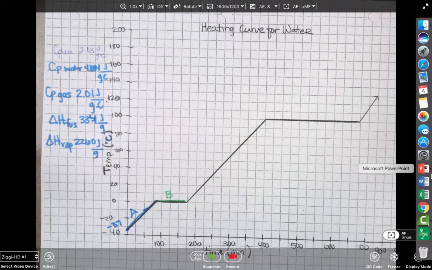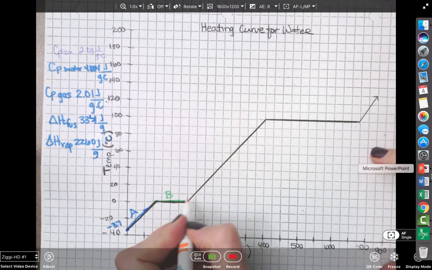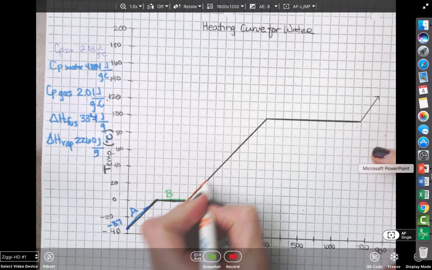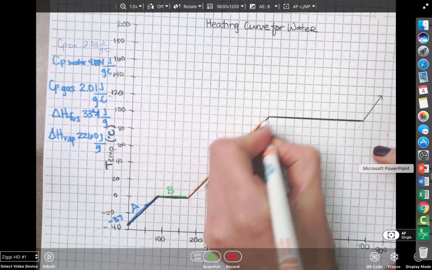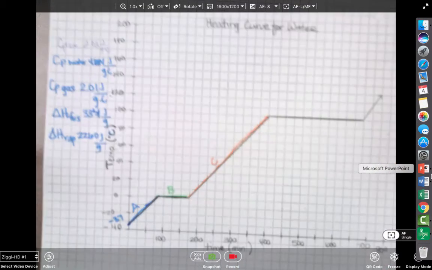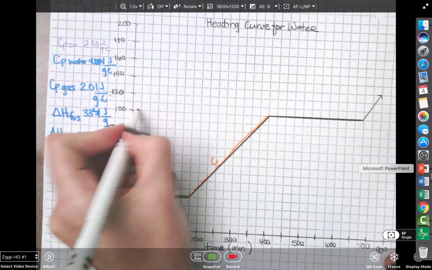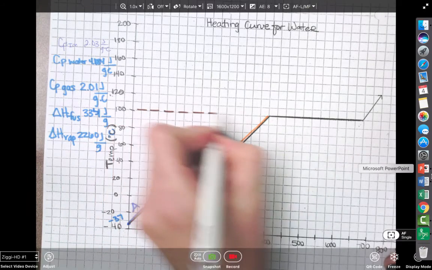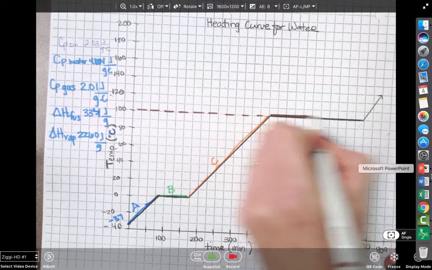And then we continue changing temperature for a certain amount of time. I'm going to call that section C. We plateau again at 100 degrees Celsius.